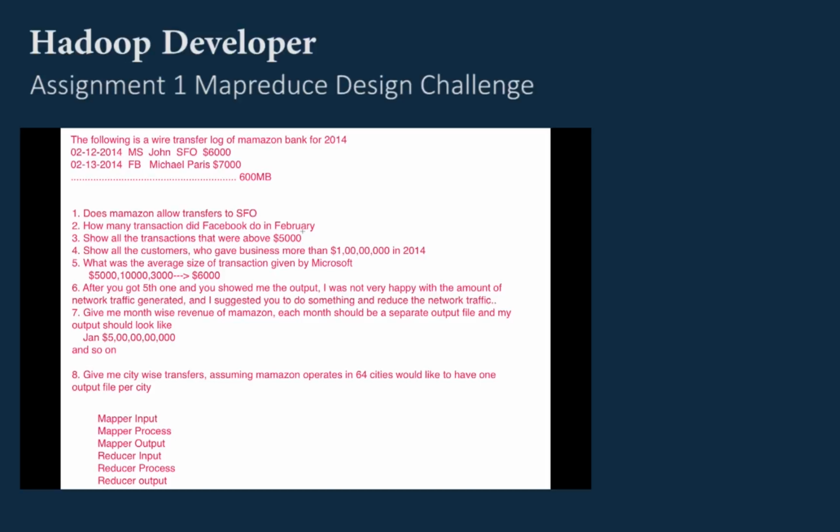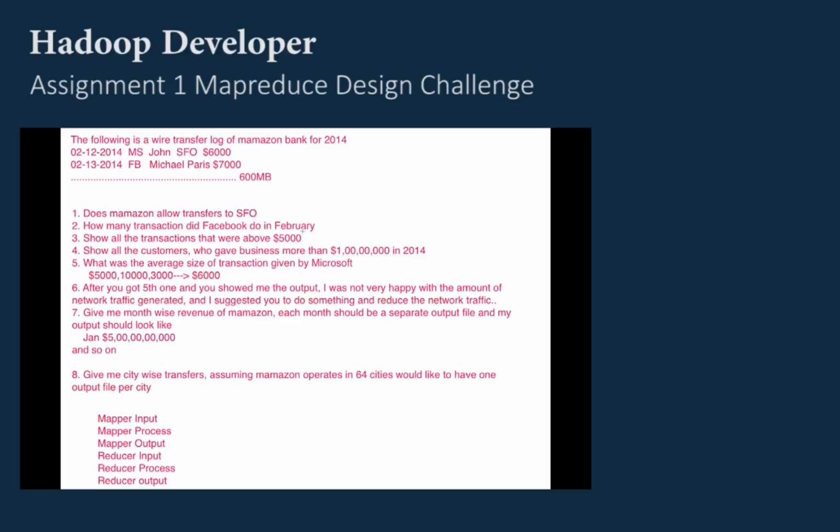If you look at the log file, the first column is date, the second column is the customer, let's say Microsoft or Facebook in this case, the third is an employee, the fourth field is the city, and the fifth field is the value. This file is 600 MB. We don't know how many transactions there are. All we know is it is a 600 MB file.